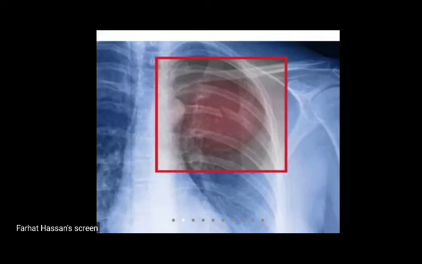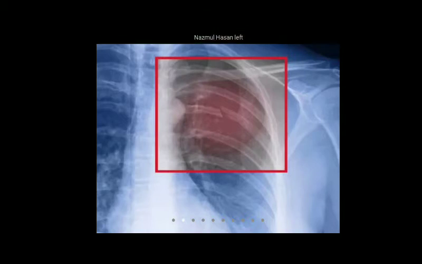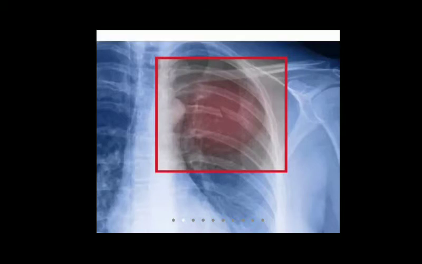Hello. Hello, so what is open pneumothorax? What is open pneumothorax? Hello.